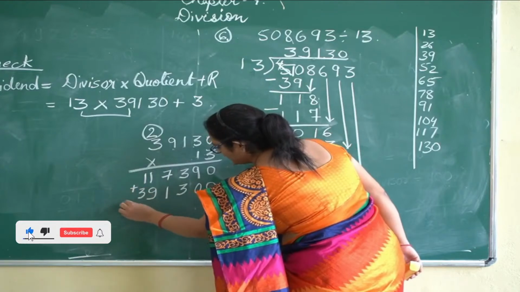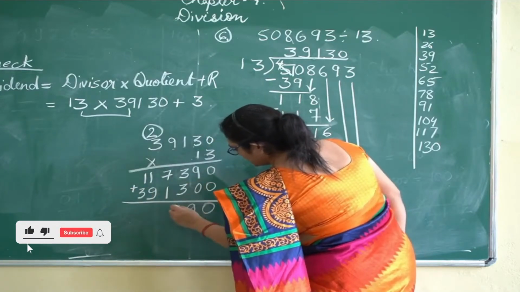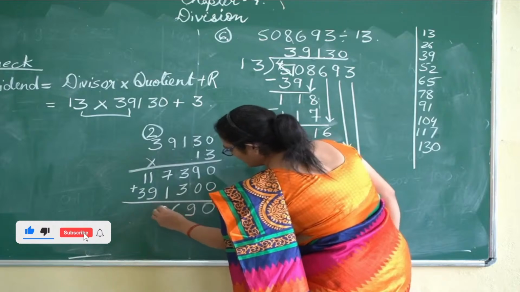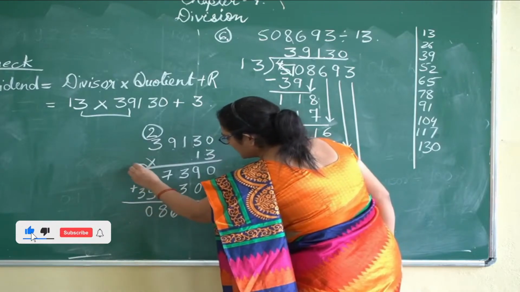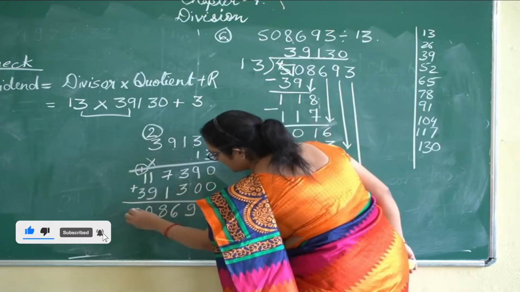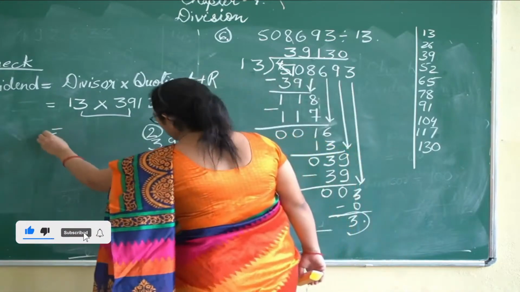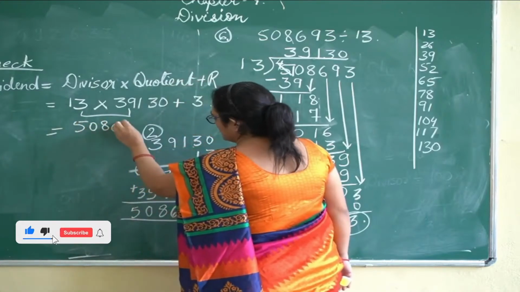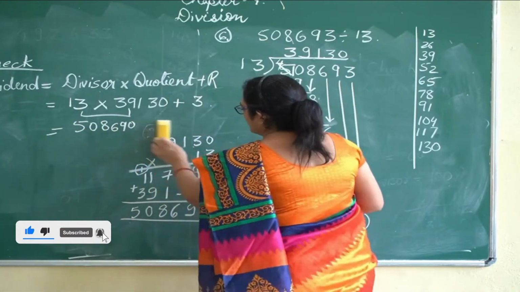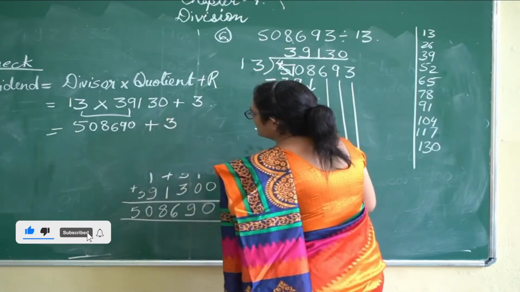Now we will add. 0. 9 plus 0 is 9. 3 plus 3 is 6. 7 plus 1 is 8. 9 plus 1 is 10, carry over 1. 3 plus 1 is 4. 1, 5. Now we write here plus 3.